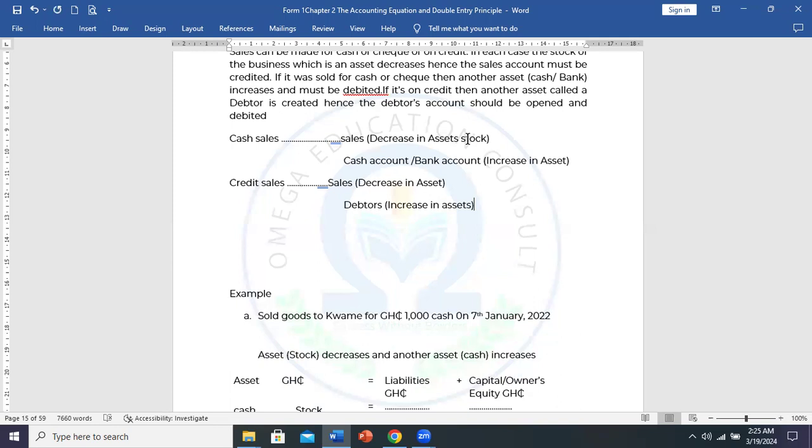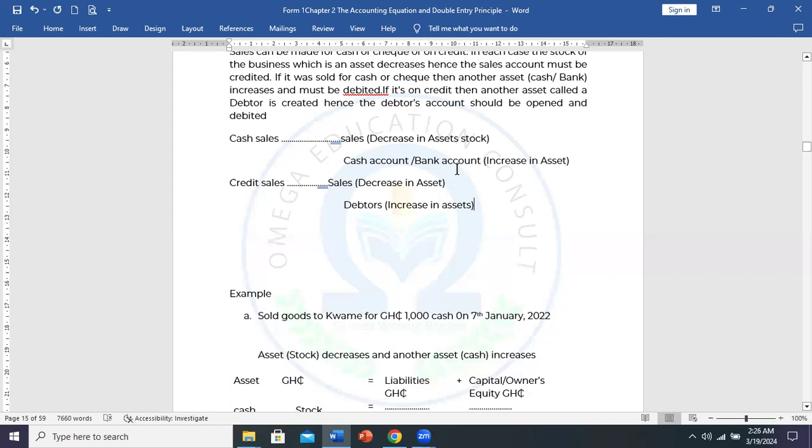Now, if I sell the books to the customers, the 150 books, I can take money from them instantly. And that is what we refer to as the cash sales. The money can come in the form of the physical cash, or sometimes I may take check. So if it is cash, you open cash account. If it is check, you open the bank account. What effect is this going to have on the cash or bank?